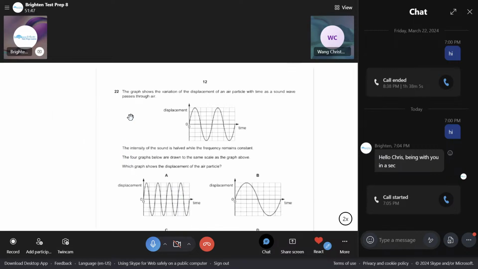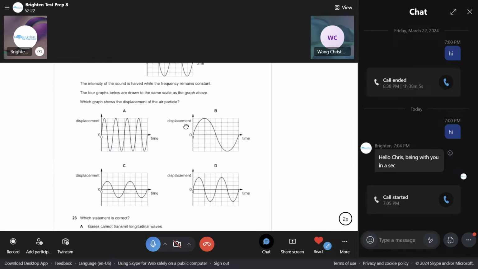All right. Now number 22. Now we talk about the displacement of the air particle.